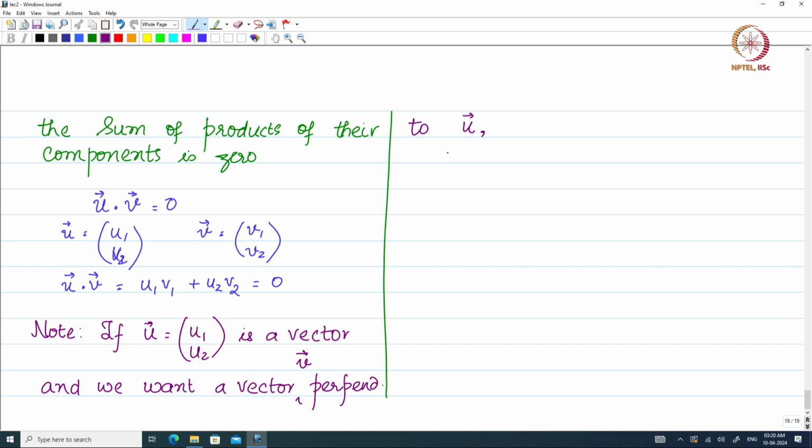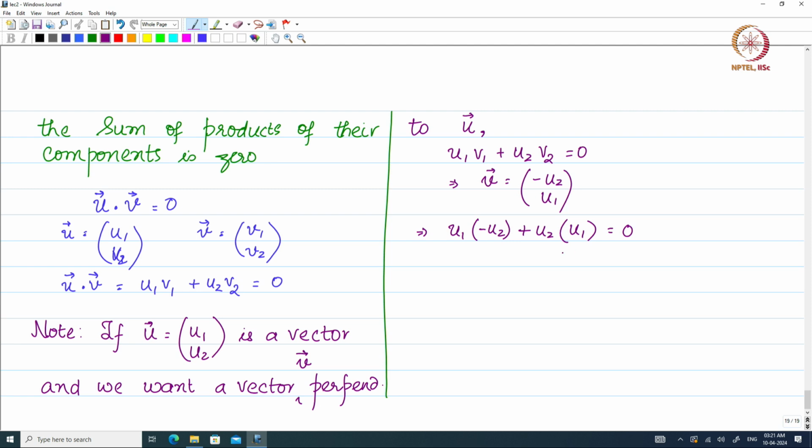Then we know that u1 v1 plus u2 v2 is equal to 0, which implies my vector v is minus u2 u1. So, what do we get? I get u1 into minus u2 plus u2 into u1, that is equal to 0. Is that okay? So, that makes sense.